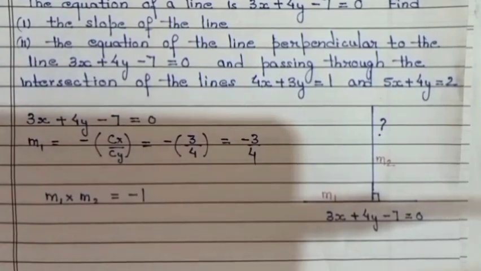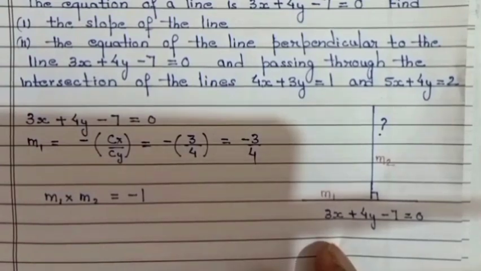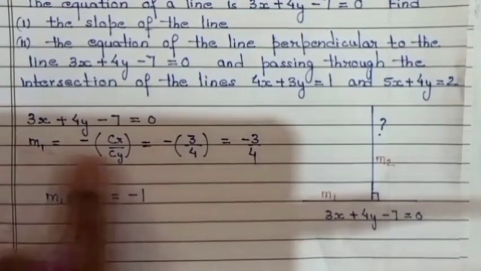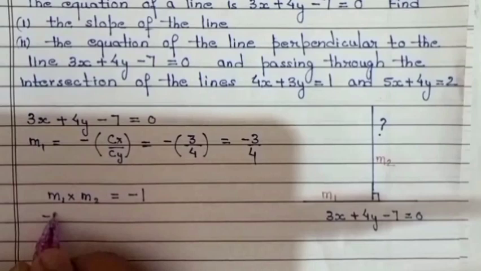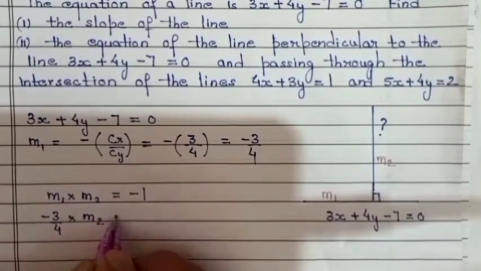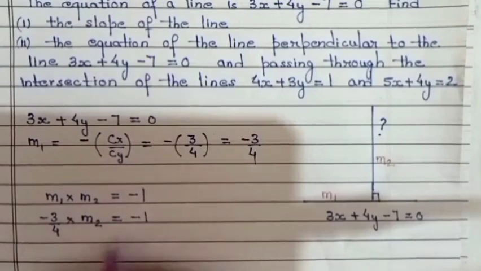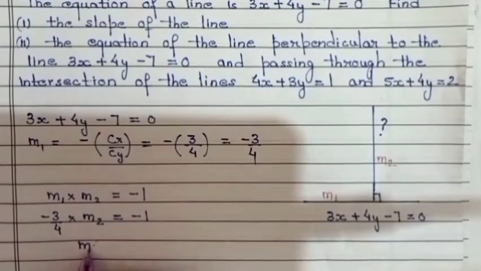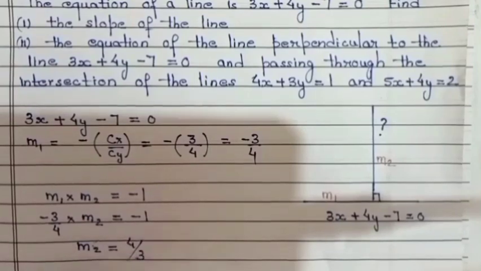This relation we use when two lines are perpendicular. So here m1 is already known to us. m2 we need to calculate. So when you cross multiply, you are getting slope as 4 upon 3.